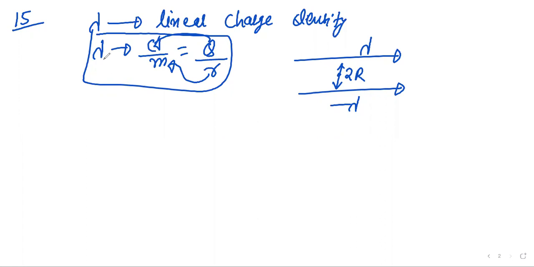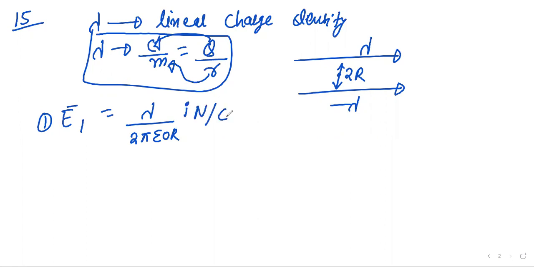The formula for the electric field when it is linear charge density: E1 is given by lambda upon 2 pi epsilon naught r, i, in newton per coulomb. Here i is the unit direction.